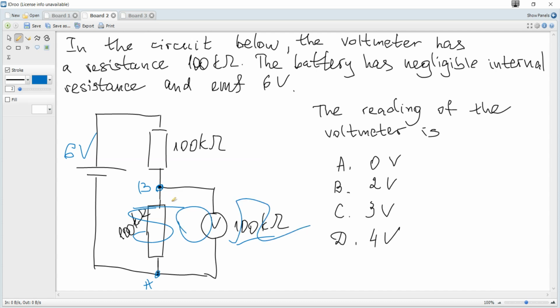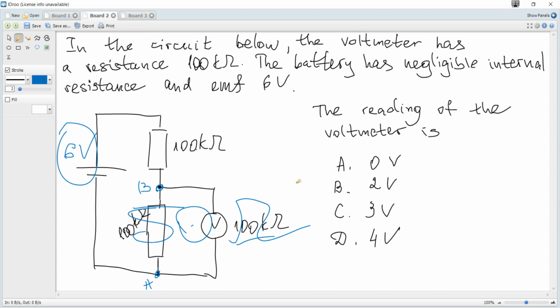And now it looks like two components in series with resistances 50 and 100, and we know that components in series divide total voltage proportional to their resistances. So these two components, notice that we consider as one component across AB. They divide 6 volts in ratio.